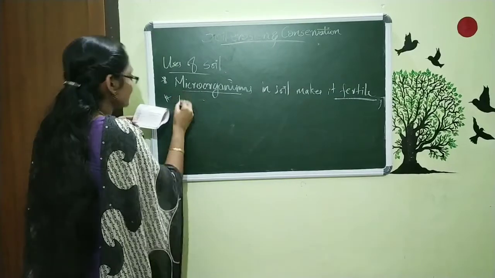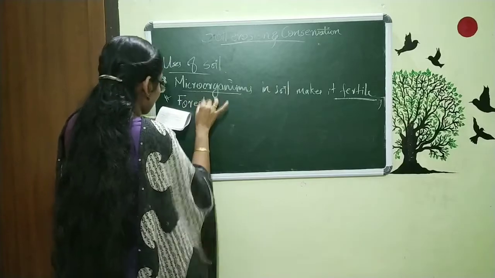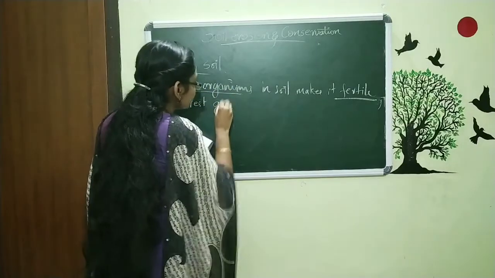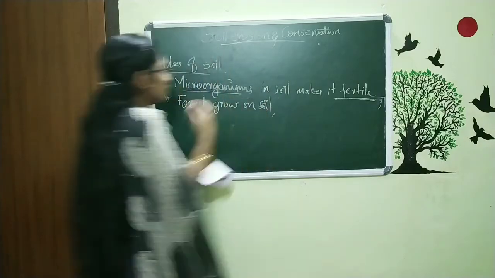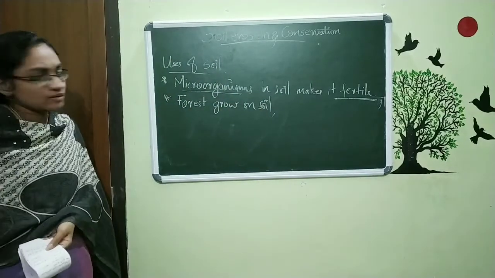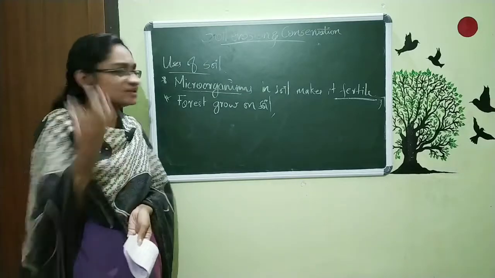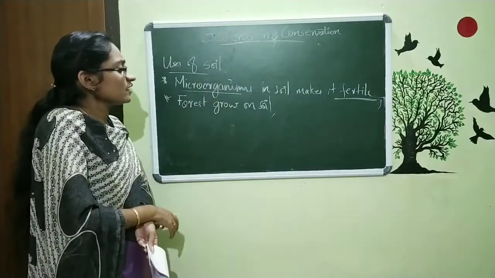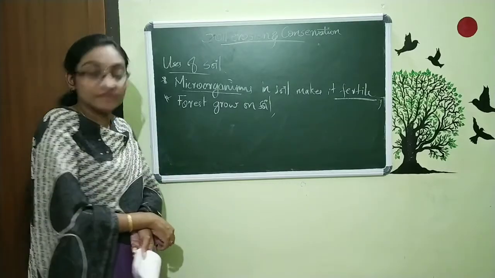The next use is this: forests grow on soil. We already said that using the soil, different types of plants and vegetables are growing. Why are we focusing on the forest?